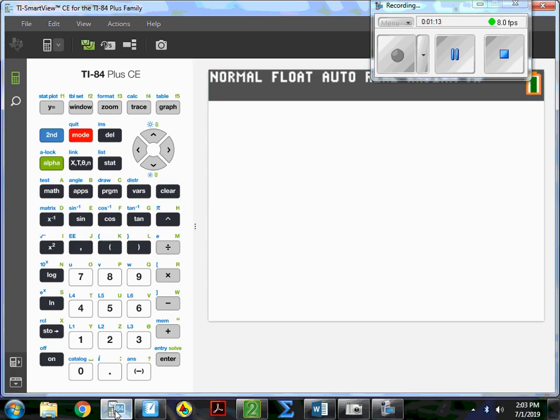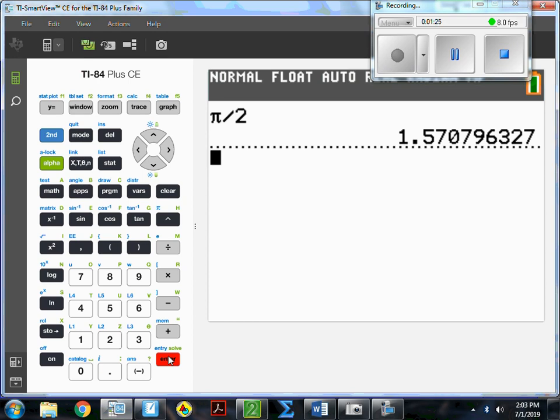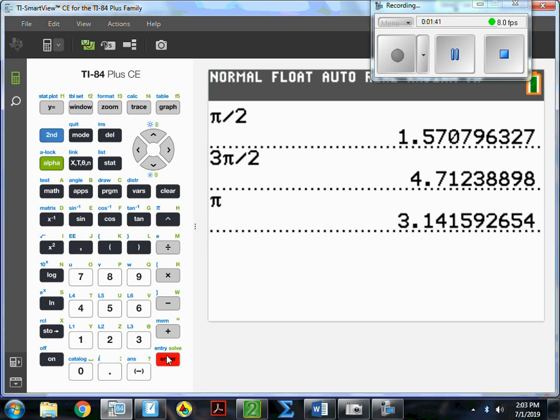So on my calculator, doesn't matter what mode you're in, I know pi is 3.14, so pi divided by 2 is 1.57, and 3 pi divided by 2 is 4.71. So we also know pi, 3.14. So we're going to use those numbers on our graph to help us out. 1.57 is pi over 2.